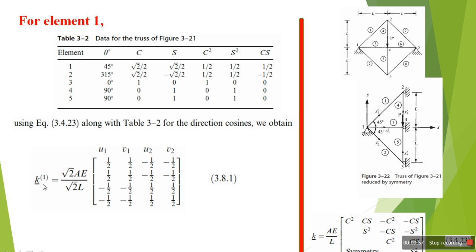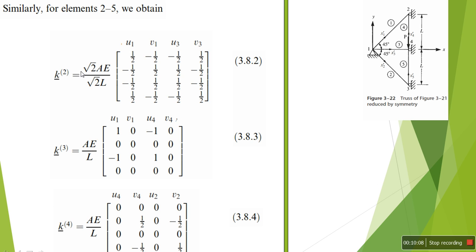So for element number 1, I have got the stiffness matrix. The same for elements 2, 3, and 4. For element 2 I have u1, v1, u3, v3, while element 3, directed from 1 to 3, has u1, v1, u4, v4.